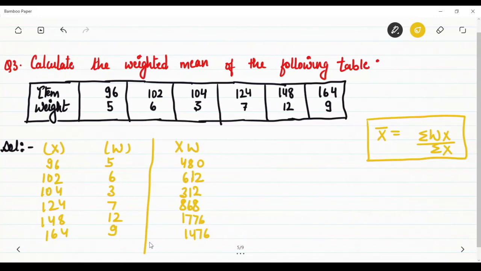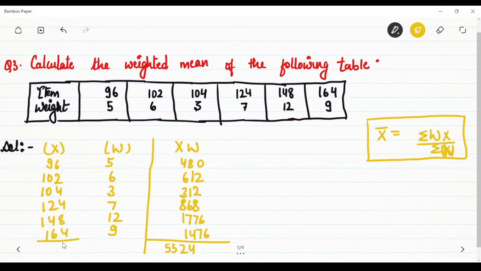We also need the summation of weights. This is sigma W. Summation of weights is 5, 11, 14, 14 plus 7 and then 12 and 9. Okay, we have the value 42.